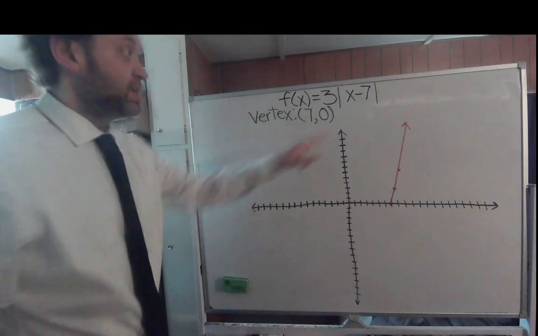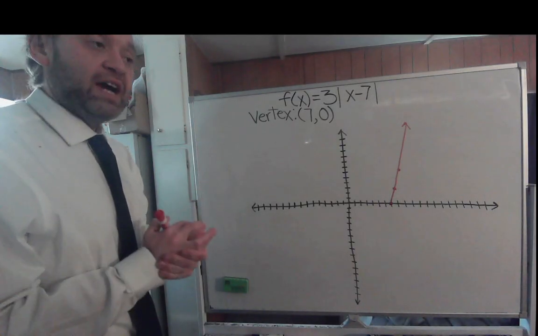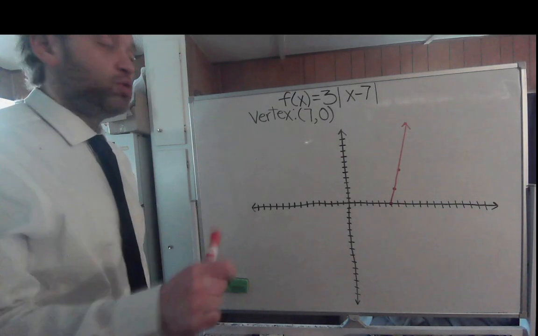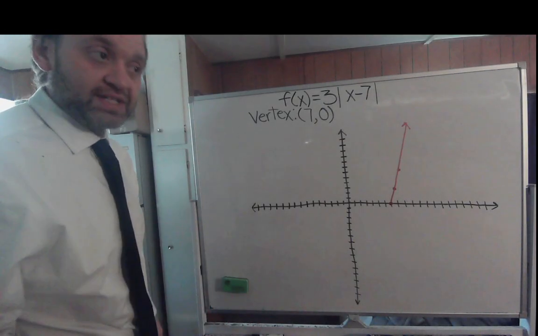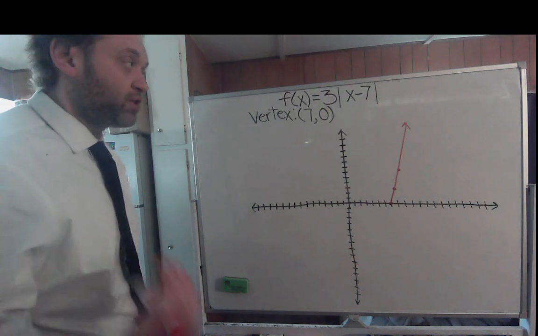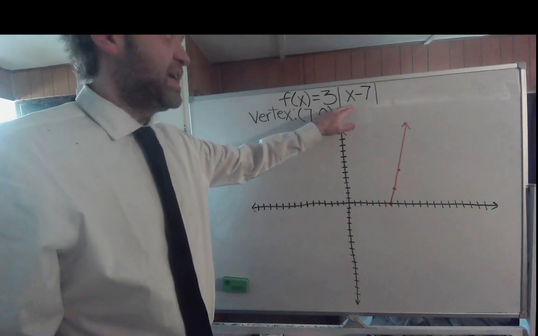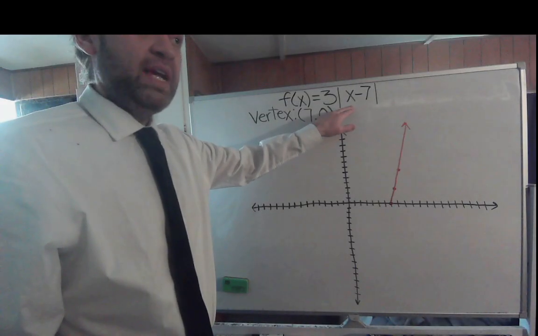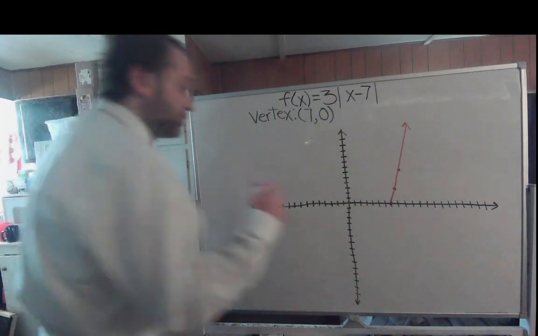All right, let's put in 6 for x. So in general, when you're graphing these, you want to do about 2 points to the right of the vertex, 2 points to the left of the vertex, so you get a good solid graph. So if x is 6, well, 6 minus 7 is negative 1. The absolute value of negative 1 is 1. Take that times 3, you get 3.